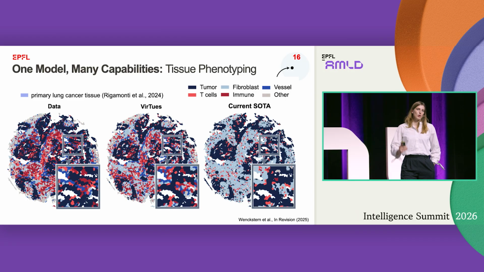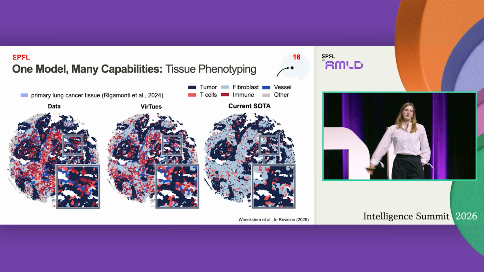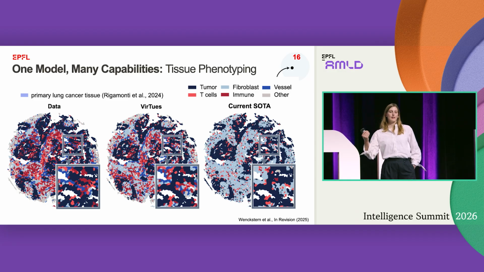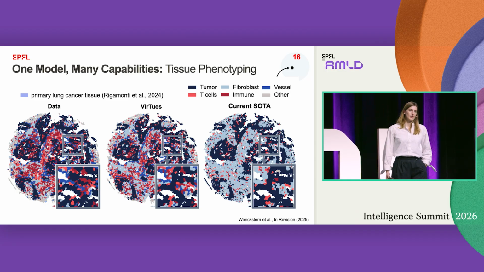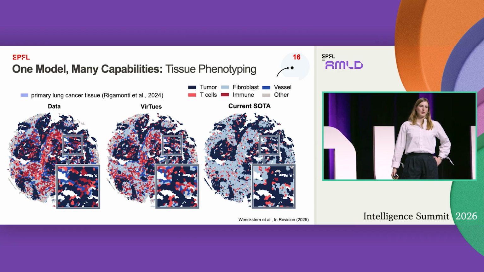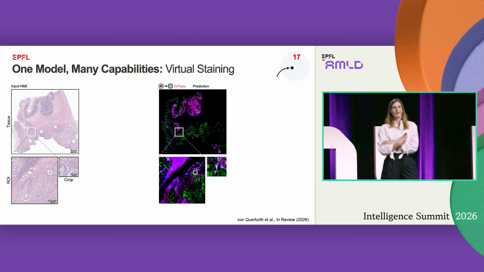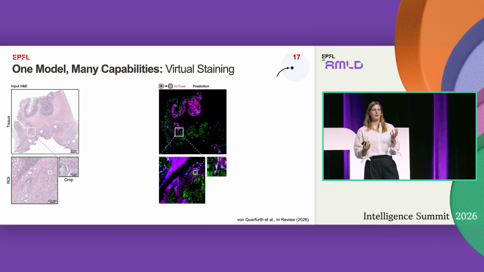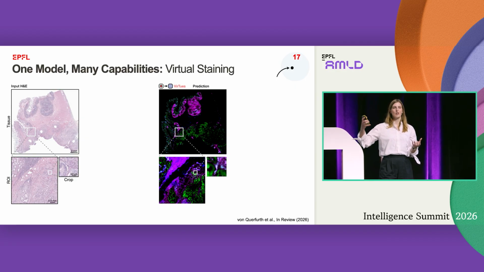What can it do? It's one model, many capabilities. So here you can see on the left the data, and our model can segment and cell type pretty accurately compared to, for example, here, a foundation model from Harvard Medical School. But those models are trained seeing all those data modalities, meaning they actually pick up how morphology relates to certain molecular co-localization of those molecules, of those proteins.